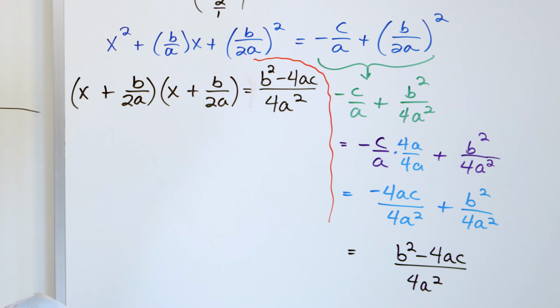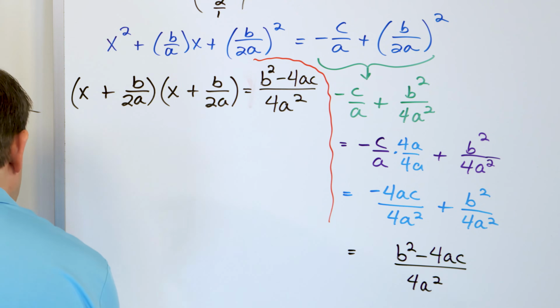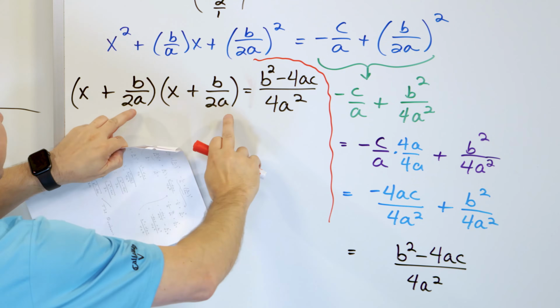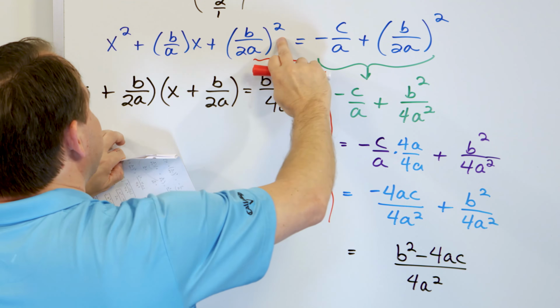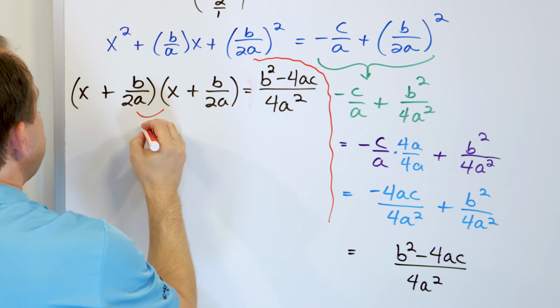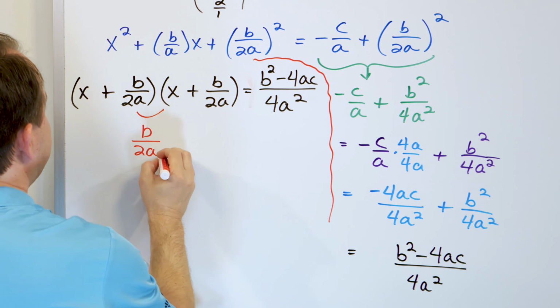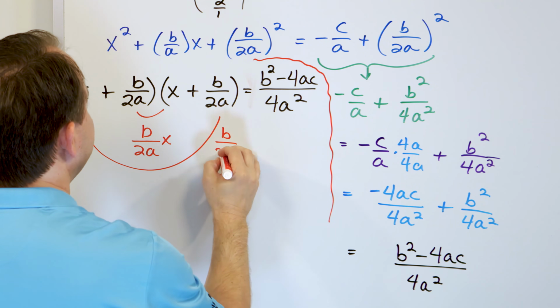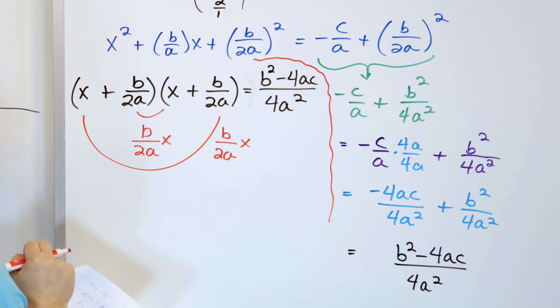So we think we factored it correctly, but you should always check yourself. X times x gives us x squared. The last terms multiplied together give us the last term. The inside terms are going to be b over 2a times x, and the outside terms are also going to be b over 2a times x, and we have to add them together.